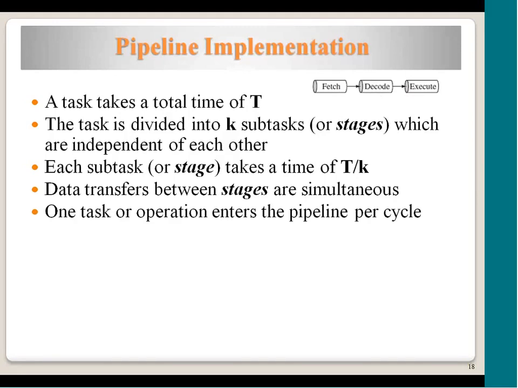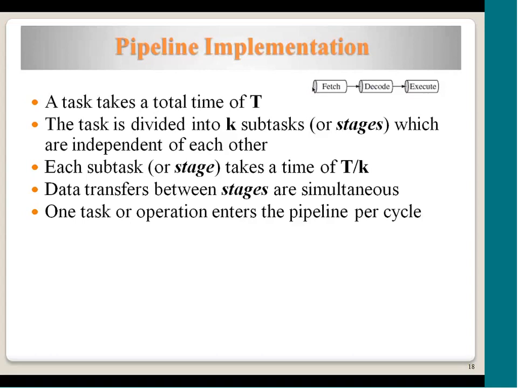So suppose there are sequential instructions which keep coming into the pipeline. The first instruction comes inside, there is nothing here, so assume that the processor is powered on and the pipeline is empty.